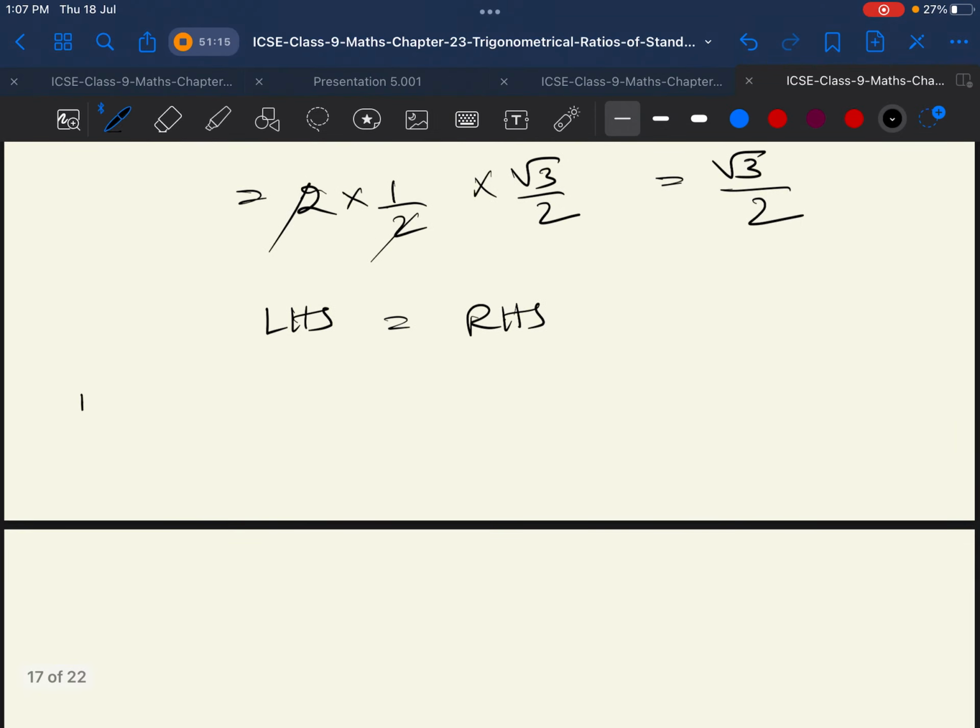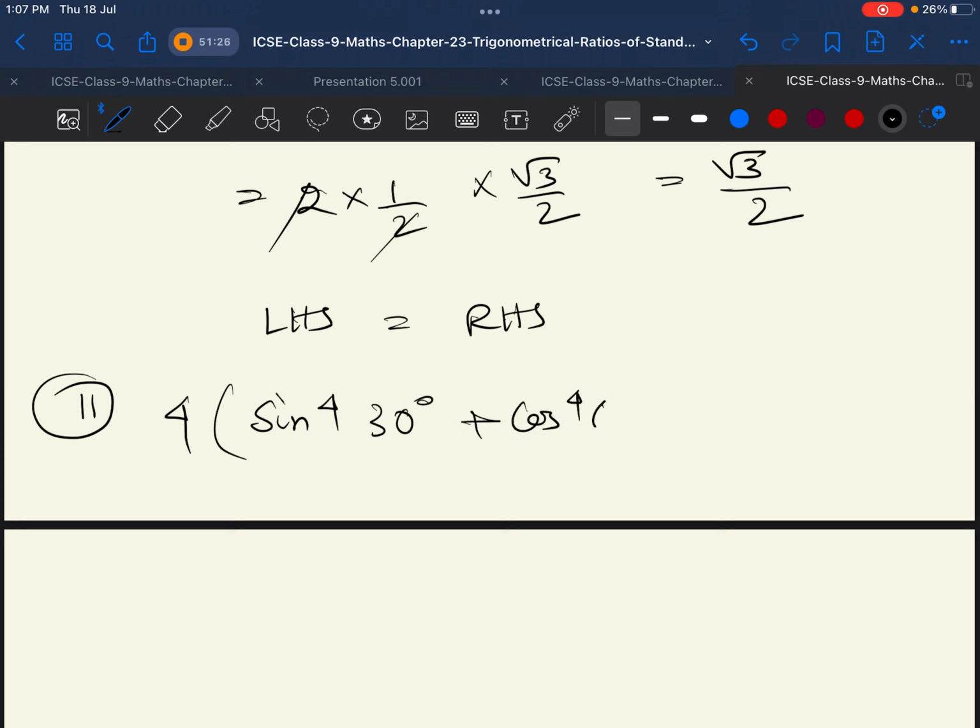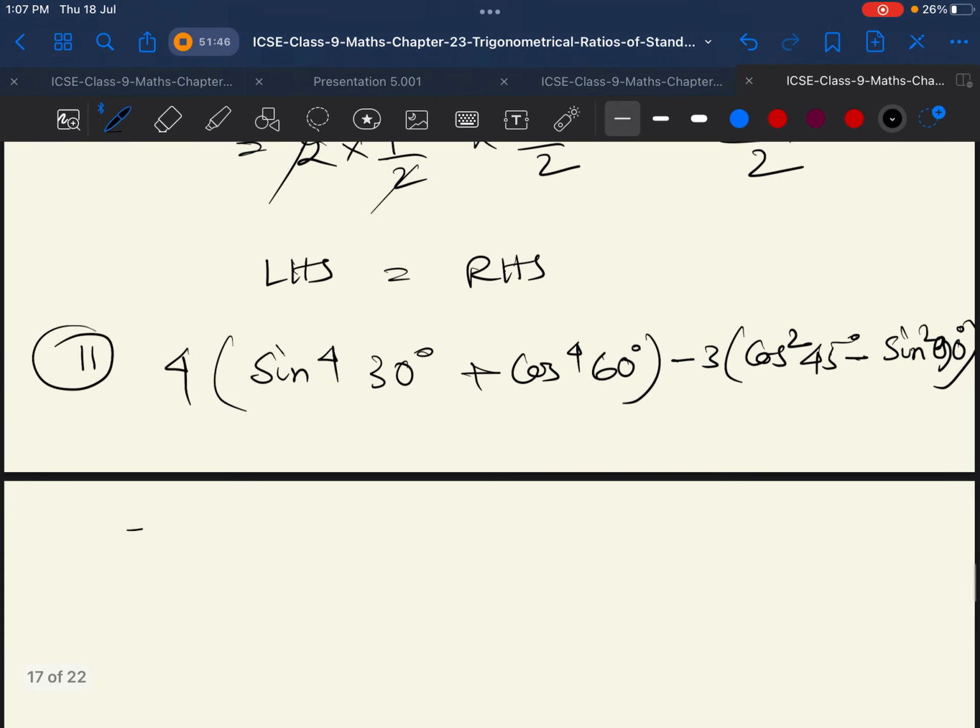Okay. Now question number 4. Sin to the power 4 30 degree plus cos to the power 4 60 degree minus 3 cos square 45 degree minus sin square 90 degree equals 2. So we have to prove this term is equal to 2.